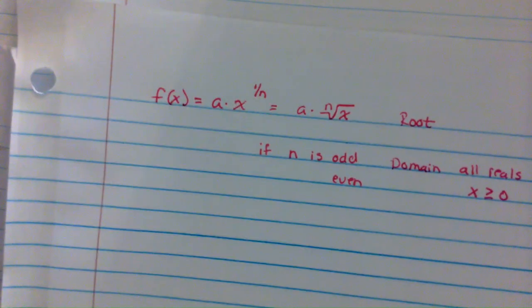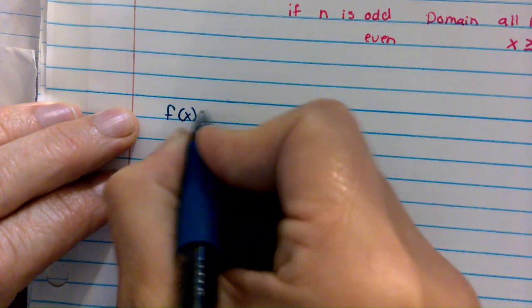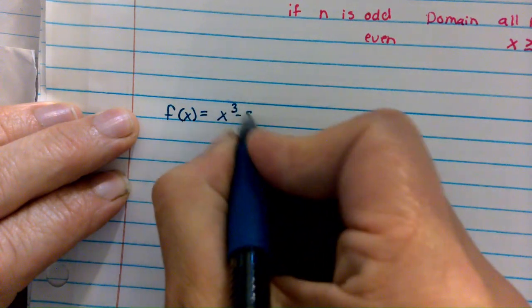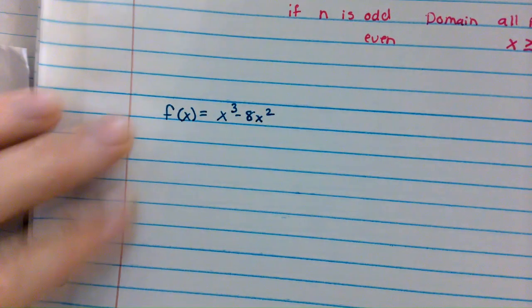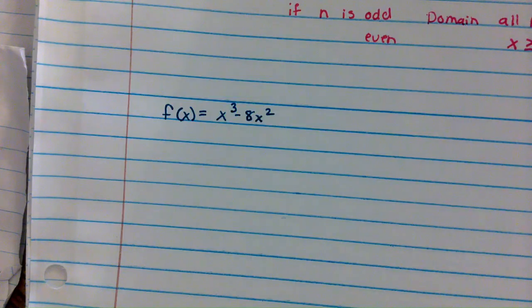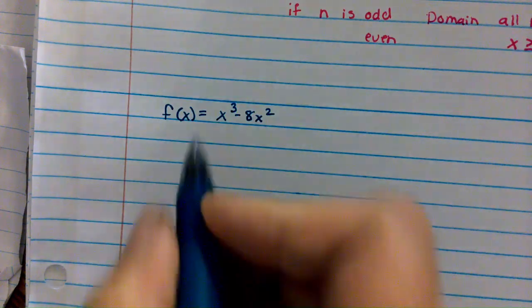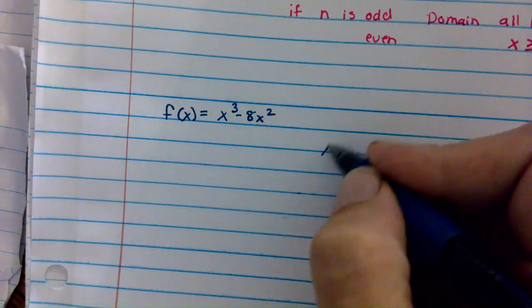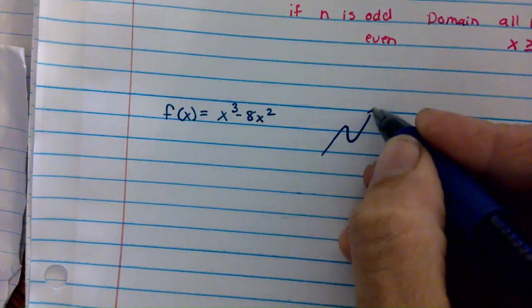Okay, so let's say you were tasked with graphing f of x equals x cubed minus 8x squared. It's cubic. We know that it has a positive leading coefficient, so we probably have 2 turns. We could have fewer.